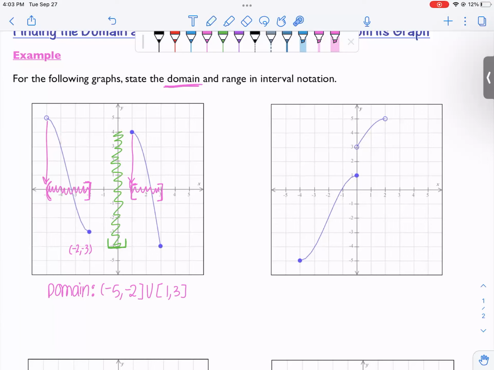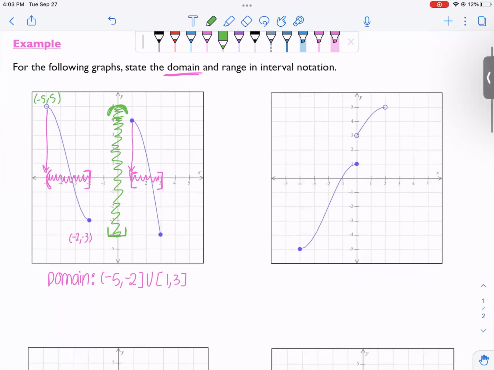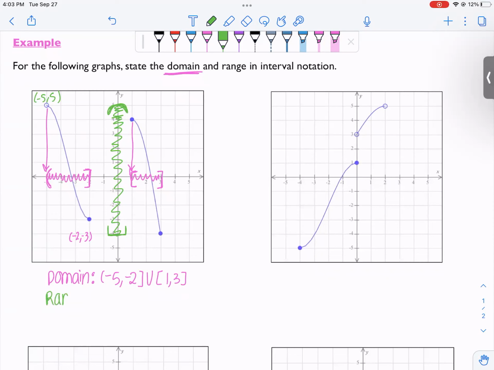Then I'm not going to stop, and I'm not going to put anything here, because if I look over to the left, this portion of the graph also exists and has y values, so we can just keep on coloring. Right here is the open circle at -5, 5. It's an open circle, which means we're not including it. So our range goes from -4 to 5.